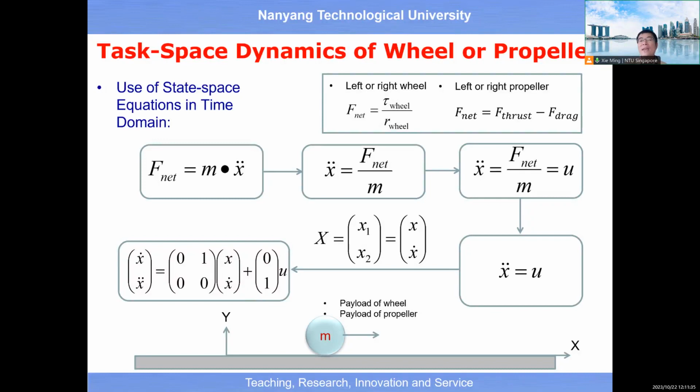Interestingly, with this state vector, we can rewrite this simple equation of Newton's second law into this matrix form. Okay, then you see x dot and x double dot form this vector, which is equal to capital X dot, right? Then it equals a constant matrix times capital X plus another matrix times U. U you can consider as an input of mechanical energy, right? So actually this is the state space equation already, right?